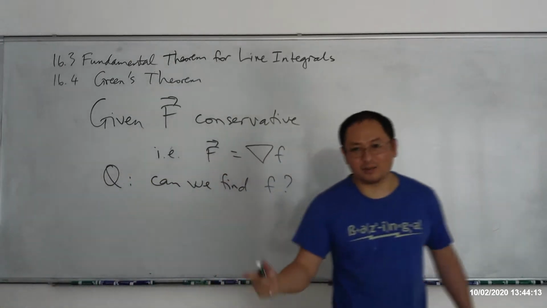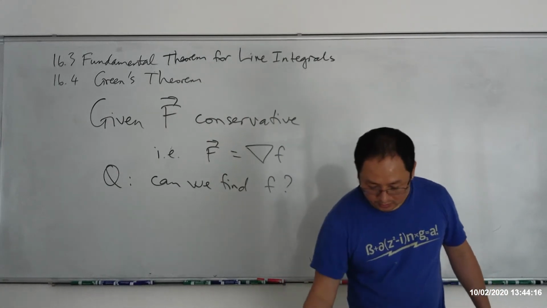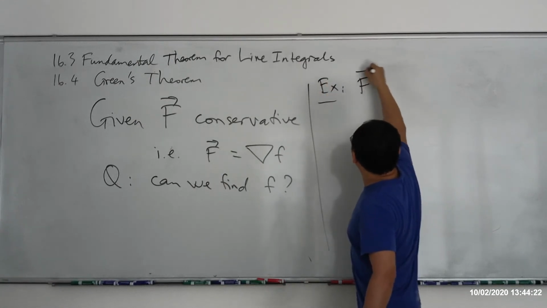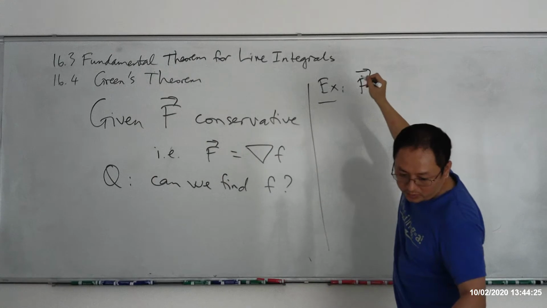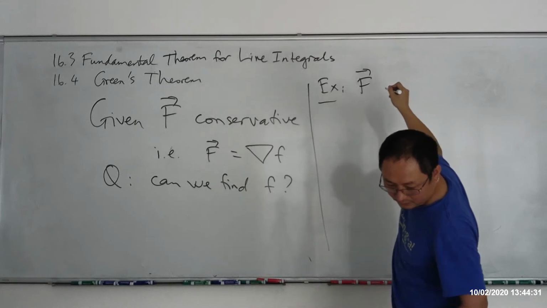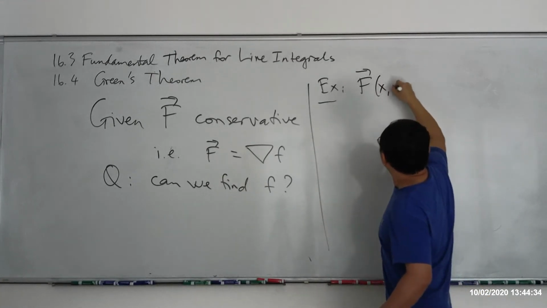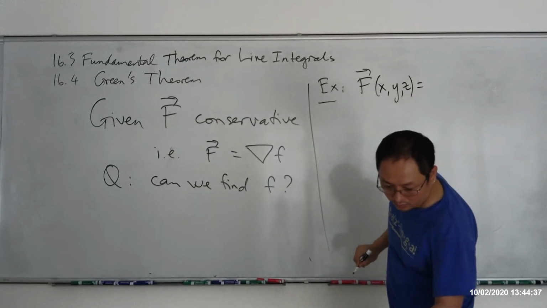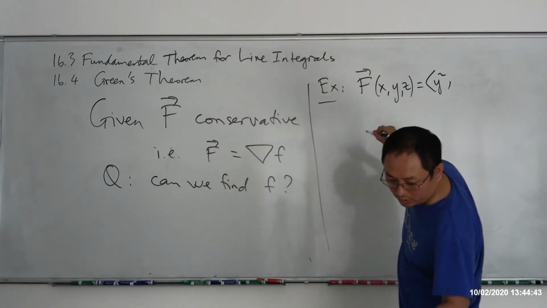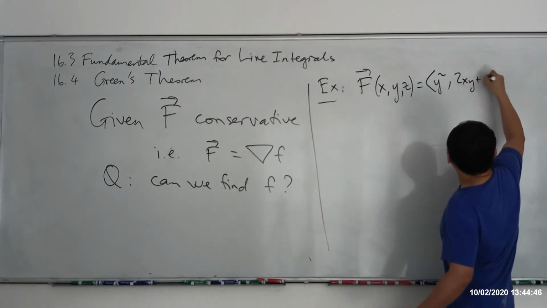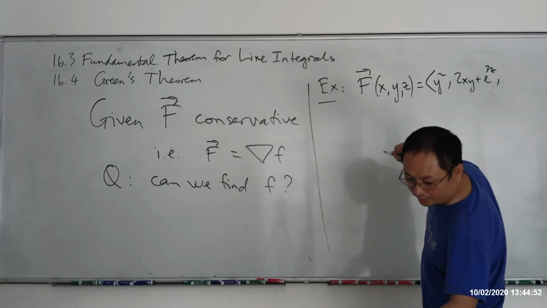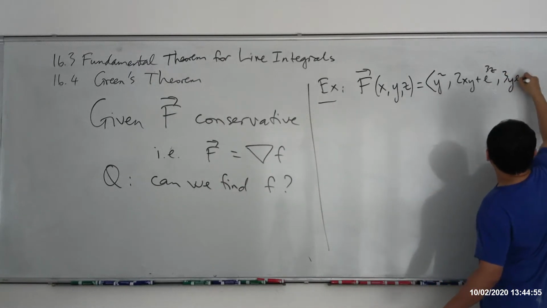So let me give you an example, kind of looking for the entire derivative. Let me show you. Okay. So example, I'm going to give you big F, 3 variables. F of x, y, z equal to y squared, comma 2xy plus e to the 3z, comma 3y e to the 3z.